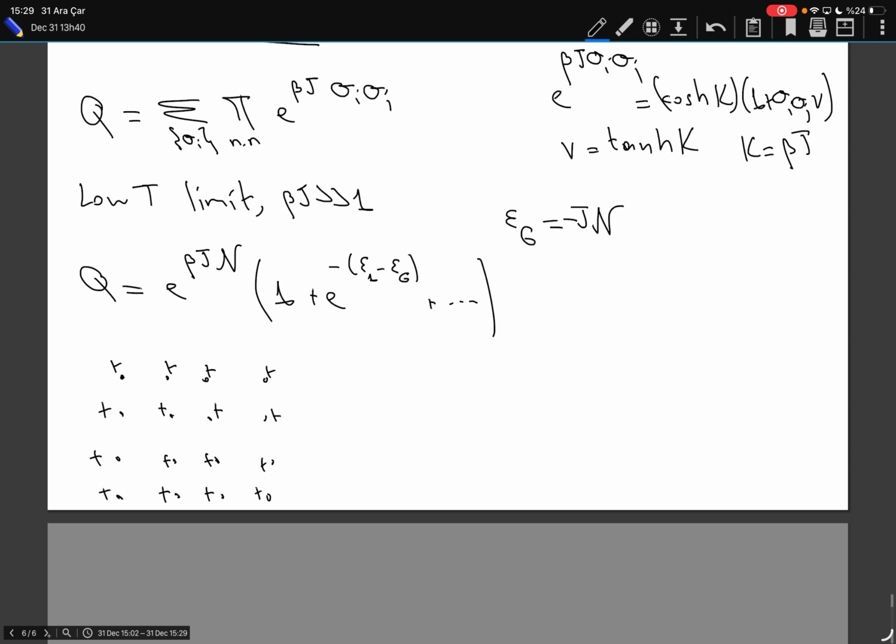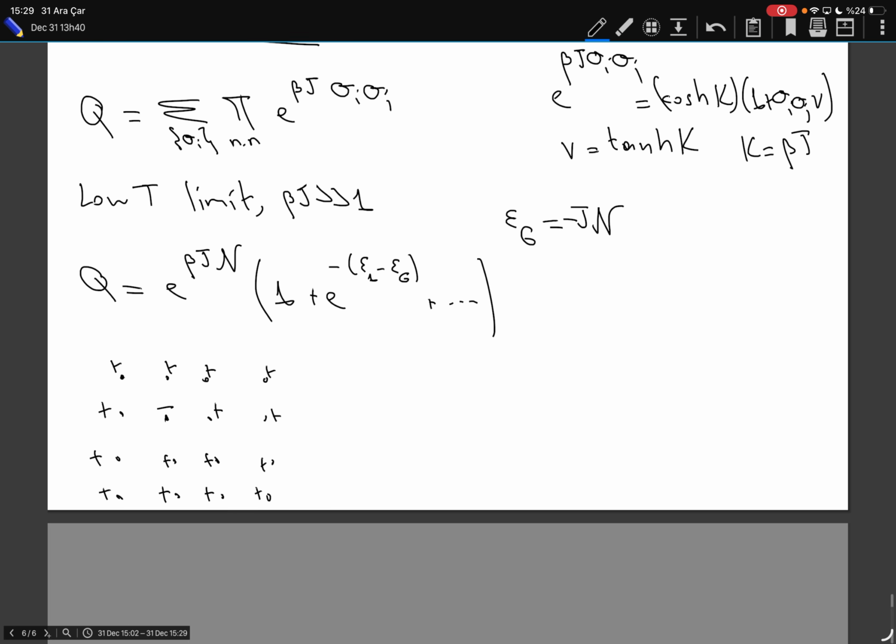And let's say that the first excited state will be one of them flips sign. So this becomes negative. So this is the first excited state. The second excited state will be when you have two neighboring spins flipped, let's say. The third excited state will be two non-neighboring spins flipped, etc.